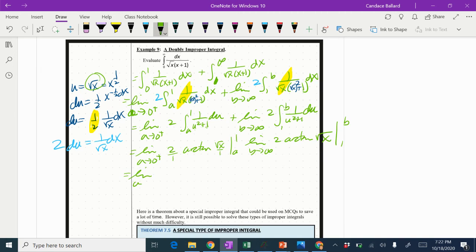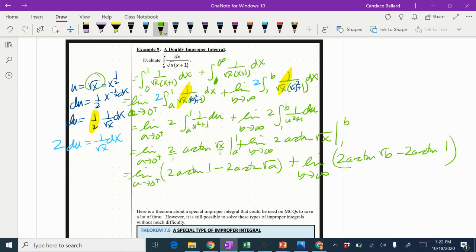So we've got the limit as a approaches 0 from the right of 2 arctangent of 1 minus 2 arctangent of the square root of a, plus the limit as b approaches infinity of 2 arctangent of the square root of b. I missed the square root on this, didn't I? Because the square root of 1 is 1. Square root of b minus 2 arctangent of the square root of 1, which is 1.